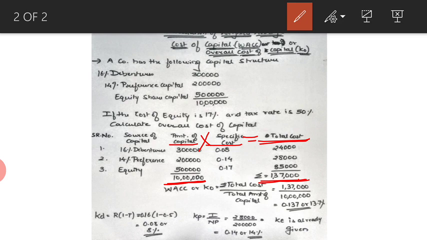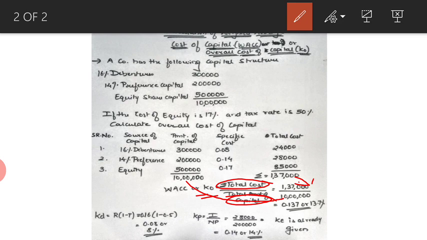Then what is the formula for WACC? The formula is very simple: summation of total cost divided by total amount of capital will give you the weighted average cost of capital, or KO. So what is the summation of total cost? It is 1,37,000 divided by 10 lakhs, which is your total amount of capital.